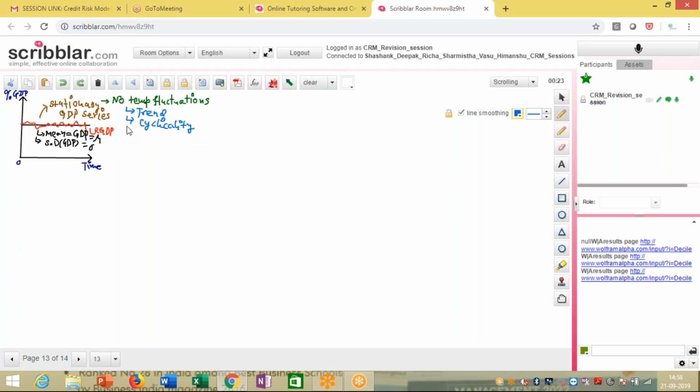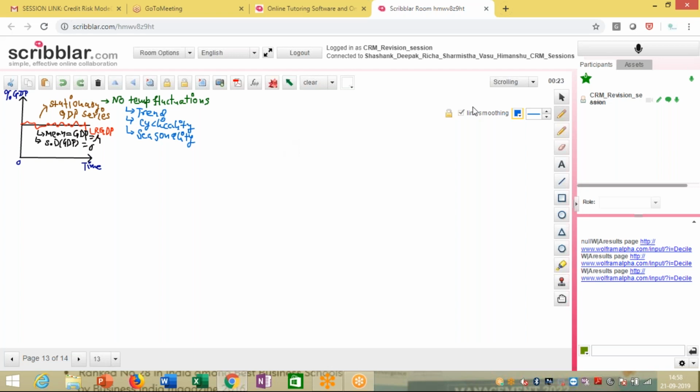Trend, cyclicality. The third that I have over here will be seasonality. Seasonality will be captured in even smaller vintages of data.